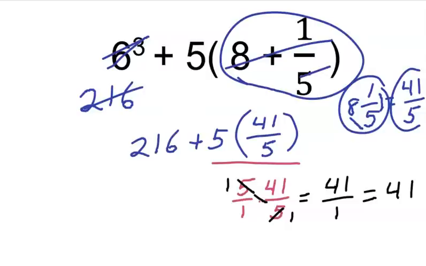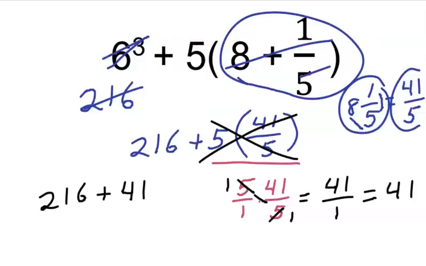Okay, so what are we left with now? We did all of this, and now we're just left with 216 plus 41. To get our final answer, 216 plus 41 is going to give us 257.